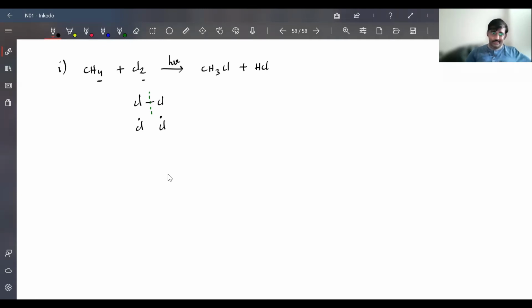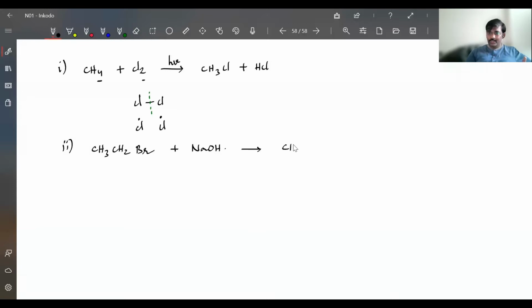Free radical substitution. Next, suppose I have an alkyl halide like ethyl bromide, CH3CH2Br. This ethyl bromide is treated with dilute NaOH. Dilute NaOH will produce OH minus ions, and that OH minus ion will replace the bromide ion.